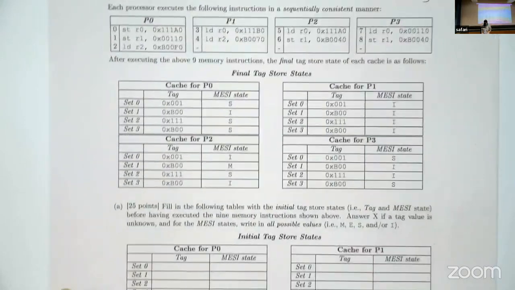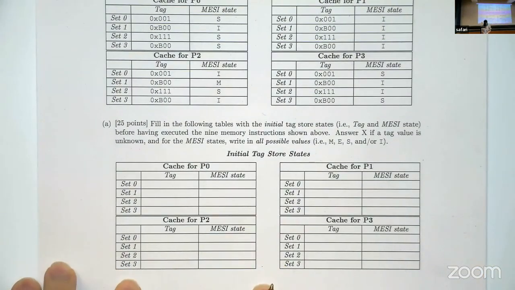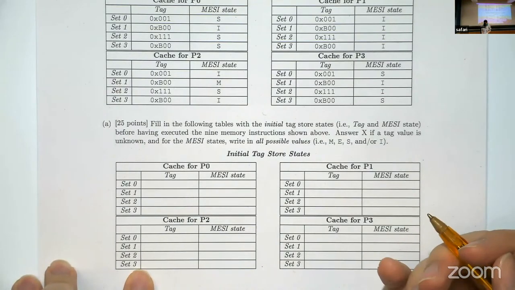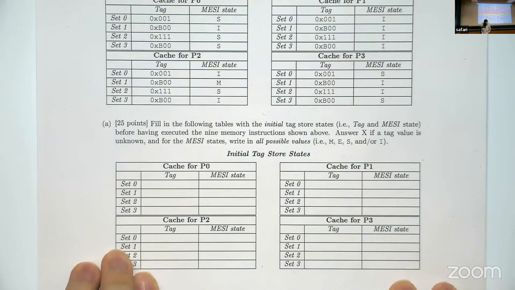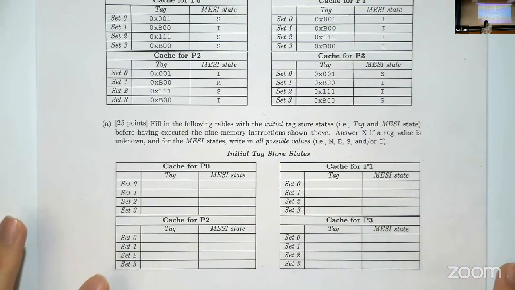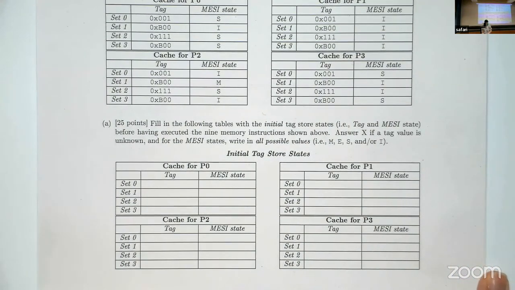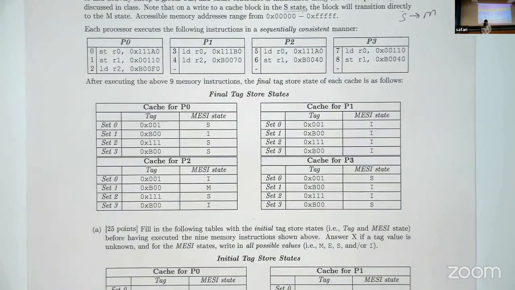The first task is to determine the initial state, but we will do this item and the ordering together because they're already related to each other.